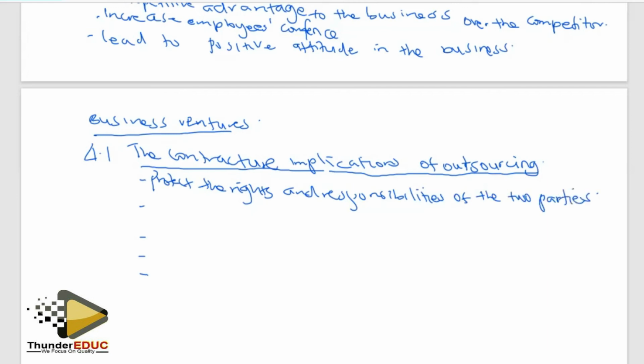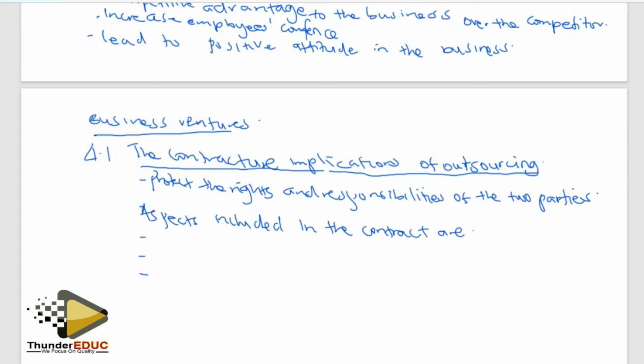Which two parties are we talking about? We are talking about the outsourcing company and the other one that is outsourced. The following aspects are included in the contract. Let's look at them one by one.